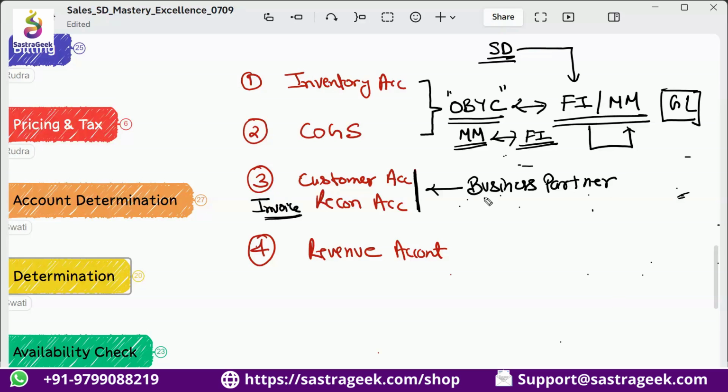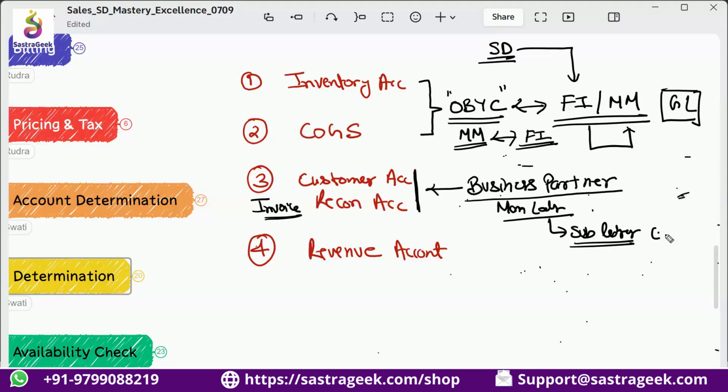So what happened? We have a main account, or we can say the main ledger, and then we have a sub ledger. Your vendors and customers are always sub ledger accounts. In finance, when you create a vendor and customer, they are always a sub ledger account.